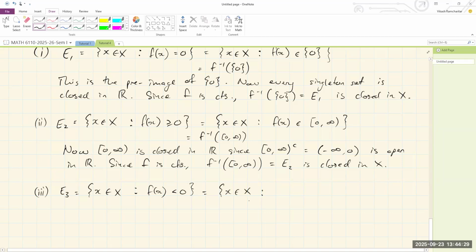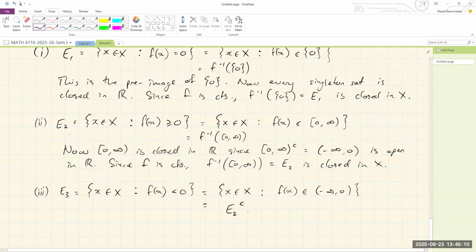If you are strictly less than 0, you are in minus infinity to 0. But if you look at what E2 is, E2 was the set of points where f of x is bigger than or equal to 0, and E3 is the set of points where f of x is strictly less than 0. So E3 is just the complement of E2.